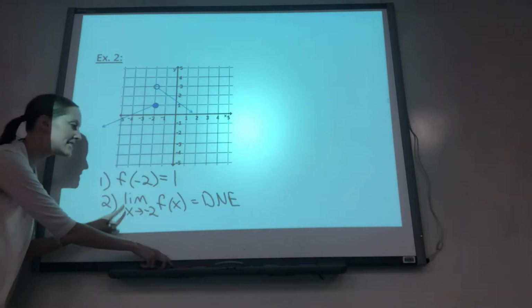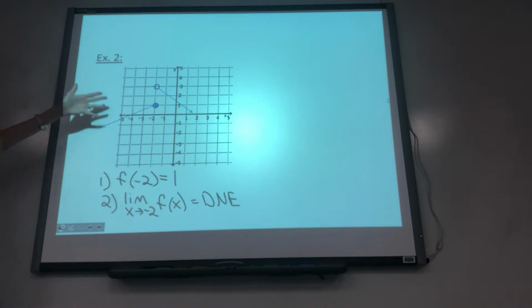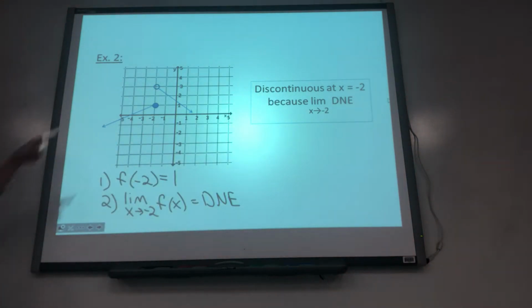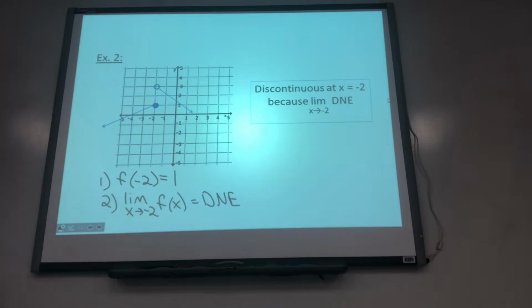And so condition 2 is the one that fails. I'm writing this out not really because you have to write all of this out, but because this is what I'm going through in my head. f of negative 2 was fine, but the limit as x approaches negative 2 does not exist. This is how I would formally discuss the continuity of that graph.